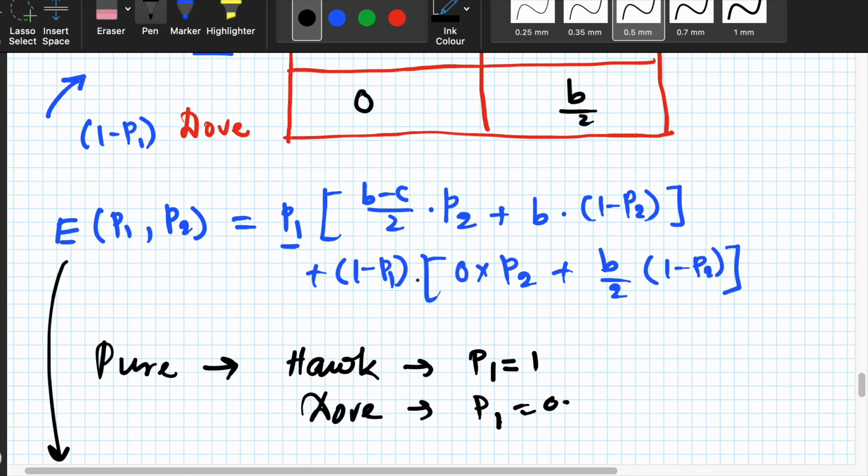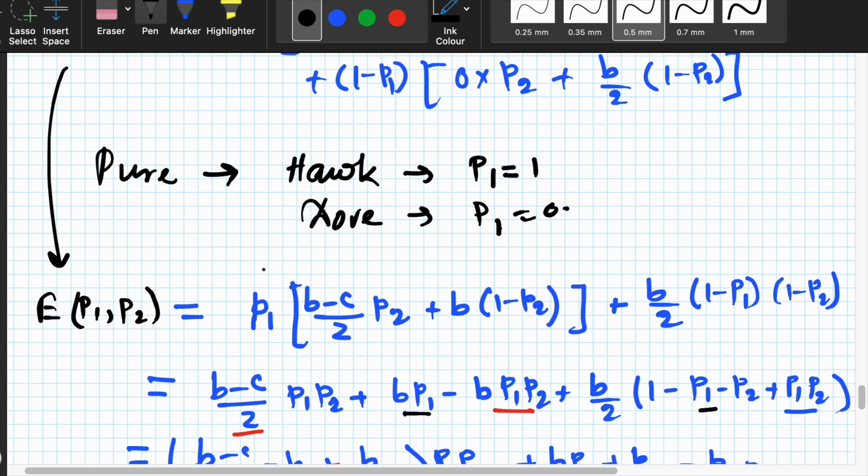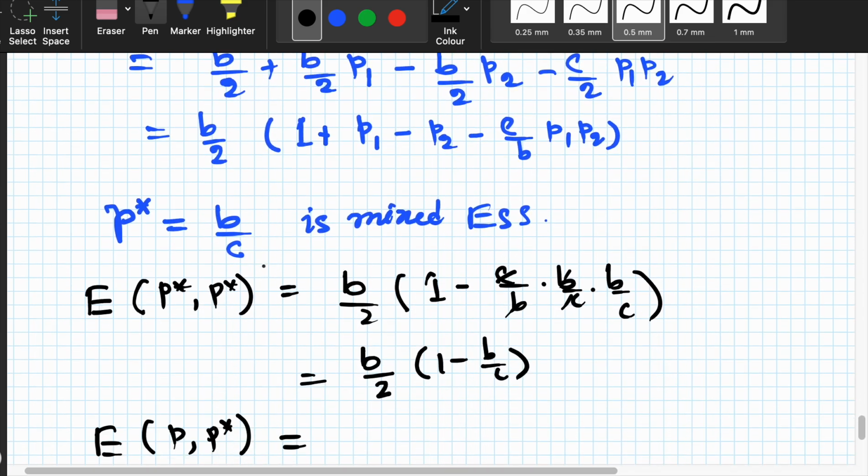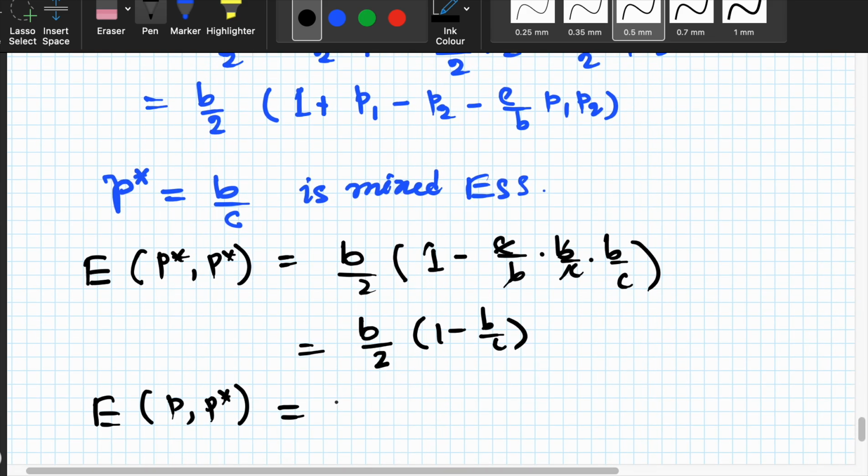If you put it here, b/2 plus p minus p star, that means b/c, minus c/b into b/c.